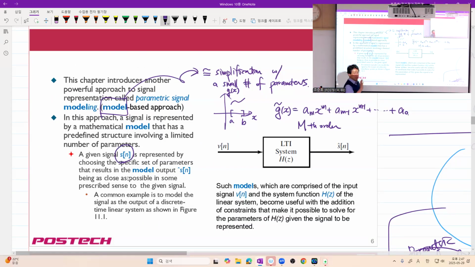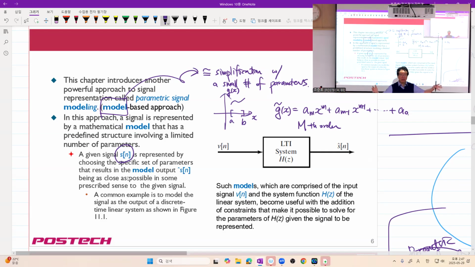Okay, so you have S, that is the starting point. Now, a discrete time signal still has countably infinite parameters for general S of n, right? Because n could be any integer, right? And even if you truncate them, you may still have a very large number.